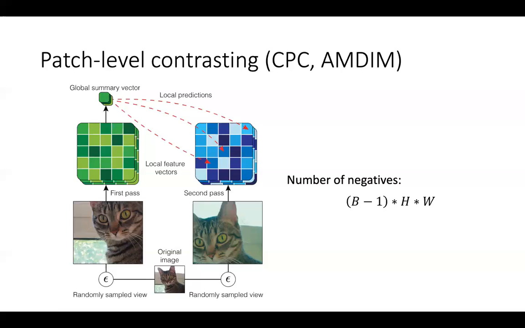So you hope those features are not very similar. Otherwise the effective number of negatives might be small. Imagine if every feature point here is pretty similar, then the H multiplied by W are not really that number of effective negatives. Most of the negatives are pretty similar and duplicate, and that doesn't make sense. So the caveat of this approach is you have to maintain a small receptive field of each local feature descriptor, such that each local feature descriptor is describing different local patches.